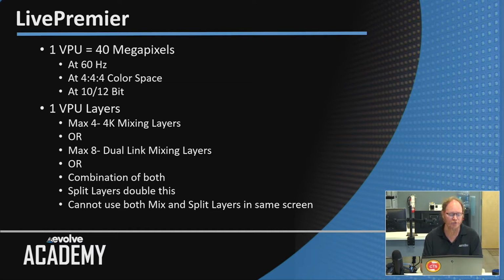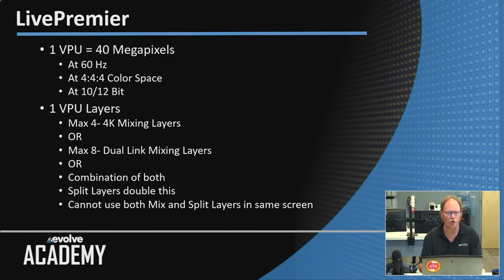You can also do split layers, non-mixing layers, that will double the quantity of layers. However, you cannot do both split layers and mixing layers on the same screen. So on a screen, you either have mixing layers or split layers, not both.